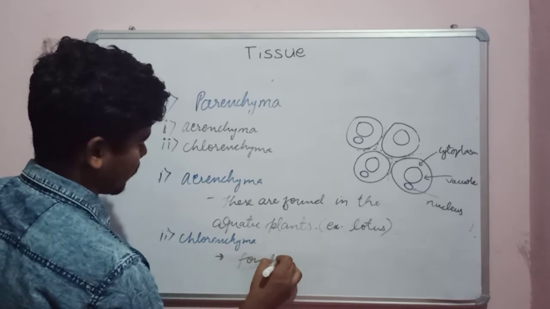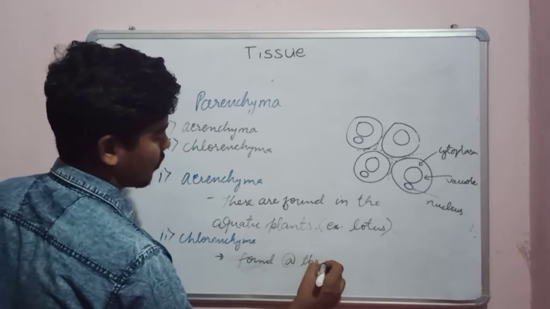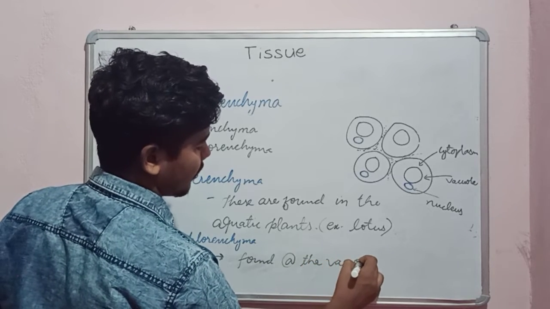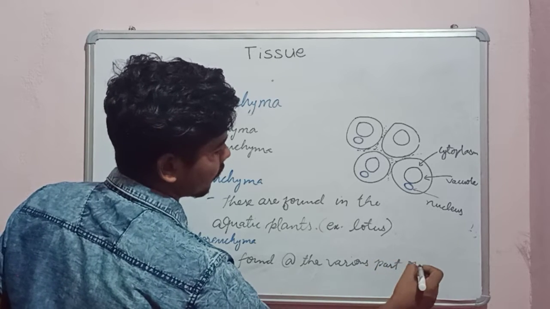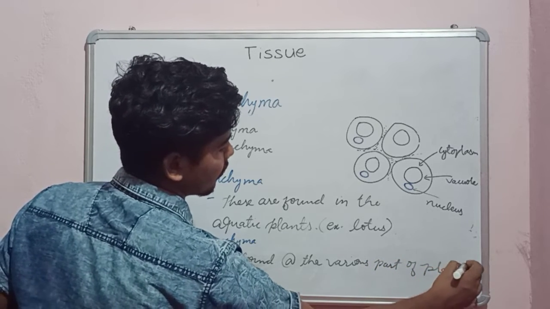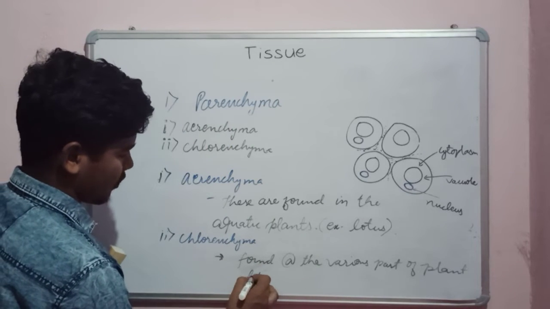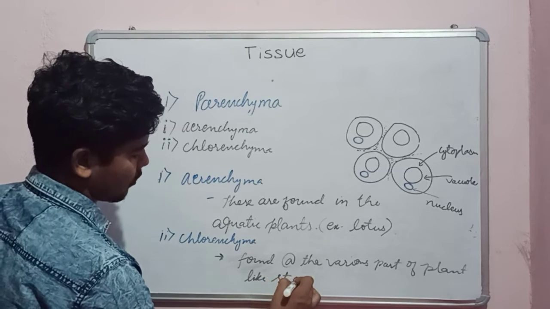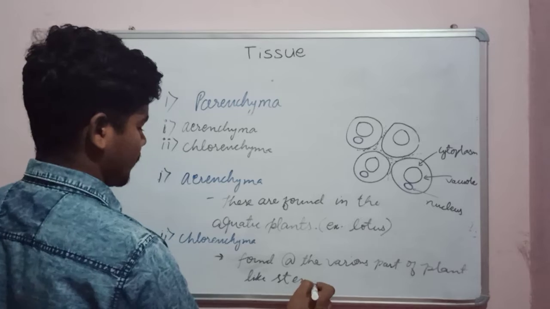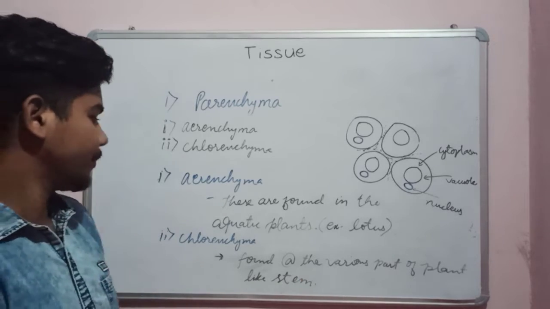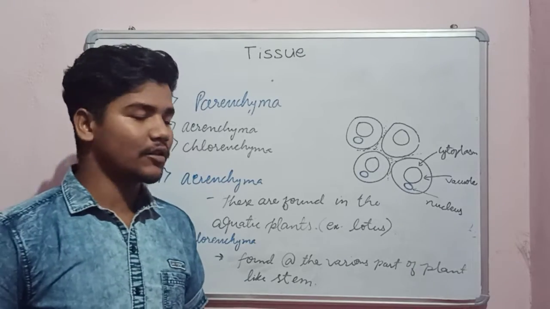Found at the various parts of the plant like stem. So this is chlorenchyma. It is found at the various parts of the plant.